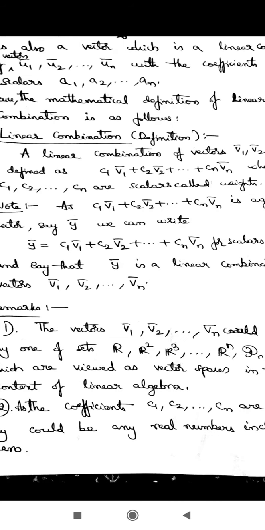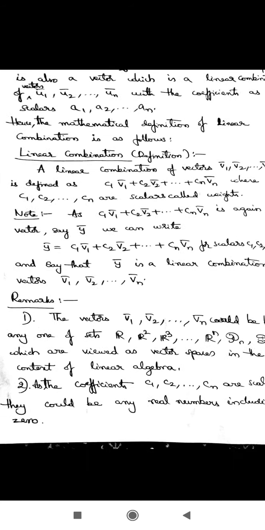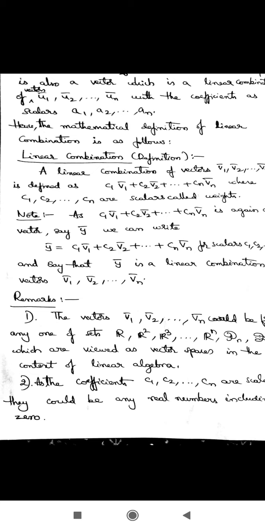So a linear combination, how to understand it? It is the linear combination of vectors v1 bar, v2 bar, so on vn bar. The n vectors have the linear combination defined as c1 v1 bar plus c2 v2 bar plus so on plus cn vn bar.